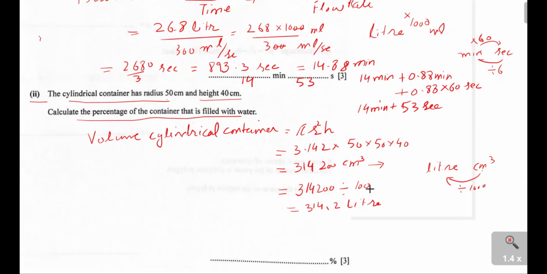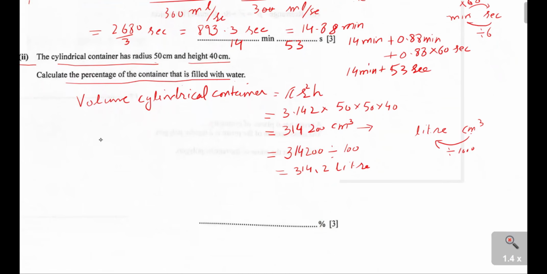We have to calculate the percentage of the container that is filled with water. Look here, the total water we have is 268 liters filled out of the total volume. The volume of the cylinder is 314.2.